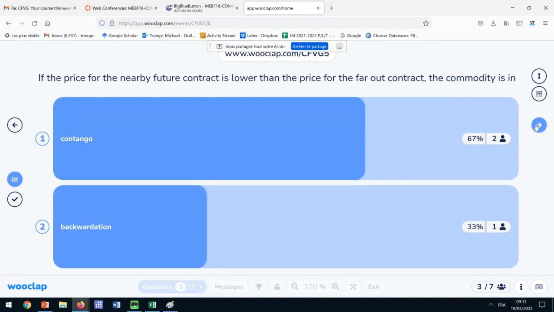So if the nearby future is lower than the far out contract, the commodity is what? Again, a stupid question, just to see if you're still with me. Nearby, far out.